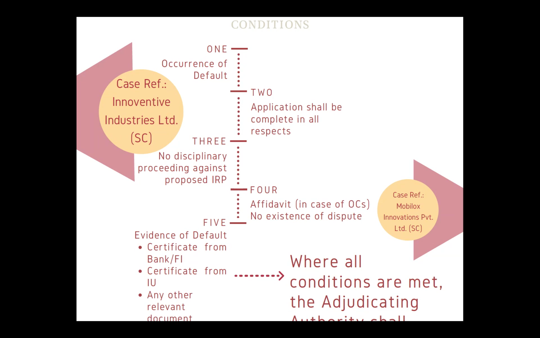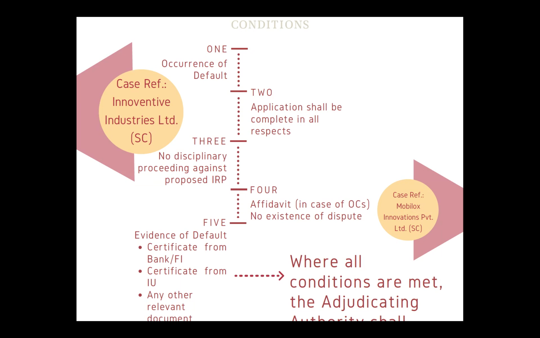However, where a corporate debtor says there was an existence of dispute, the operational creditor shall file an affidavit stating that even though the corporate debtor says there is a dispute, these are the grounds on which I believe there was no dispute, and hence the application has to be admitted. So this is condition number 4.